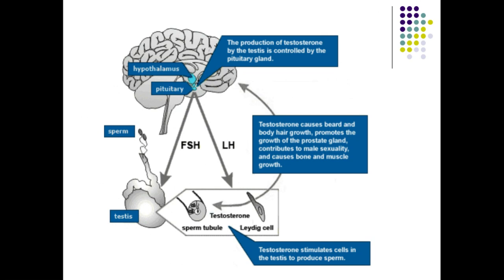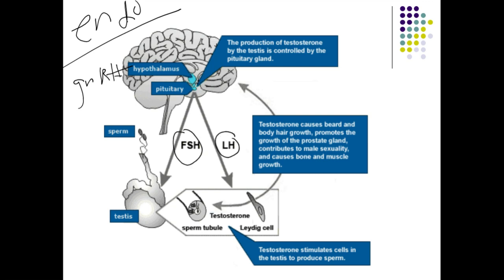So this is this crazy endocrine feedback mechanism that's happening. So you have GnRH coming from the hypothalamus that is going to the anterior pituitary. The anterior pituitary is then producing our 2 gonadotropic hormones, FSH and LH.